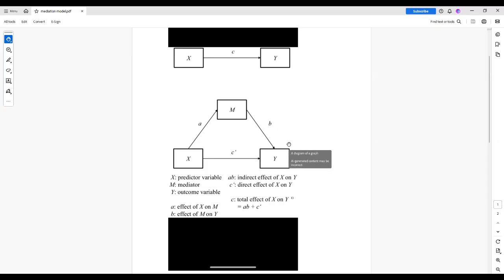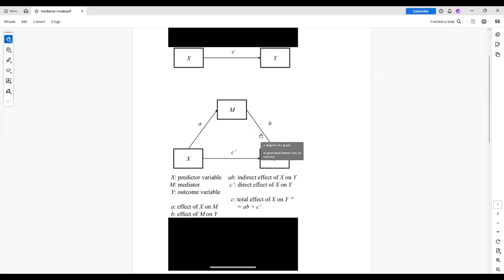Why is it controlled? For what is it controlled? What the result of your analysis gives you for path B, the effects of your mediator on your DV, is actually accounted for the effect of IV on your DV. That means that we have controlled the effects of IV on DV, and then we want to see what is the pure effect of your mediator on DV.